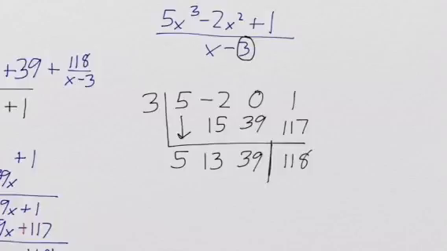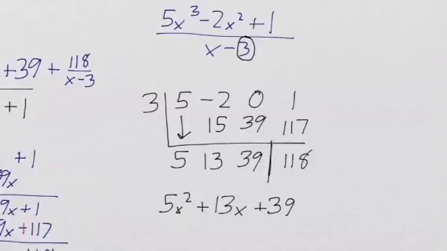And I always find it a little bit easier if I read this from right to left. So I have a plus 39 from the constant term. Then the next term over is going to be my x term. So that'll be 13x. And then the next term over is my x squared term.